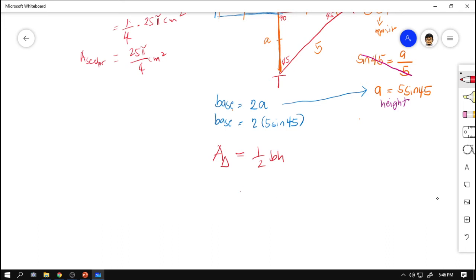So, ang base natin ay 2 times 5 sine 45 times 5 sine 45. Okay, 1/2. So, 5 sine 45.